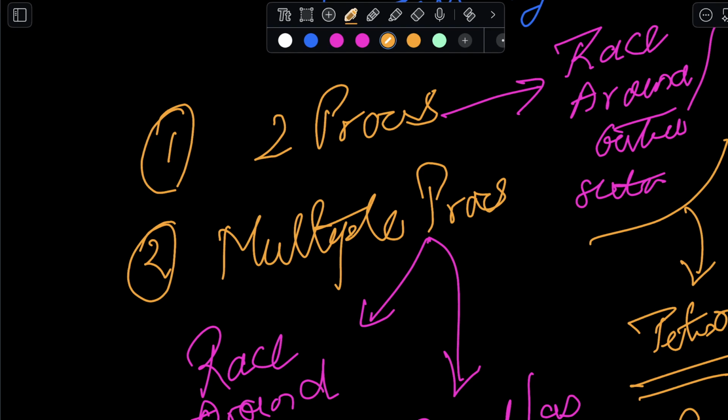Now for multiple processes, for race around we have two things: a mutex and a semaphore. Both are working on the critical section. For deadlock avoidance, we have something called test and lock or something like that, which is going to resolve the problem or avoid deadlock.